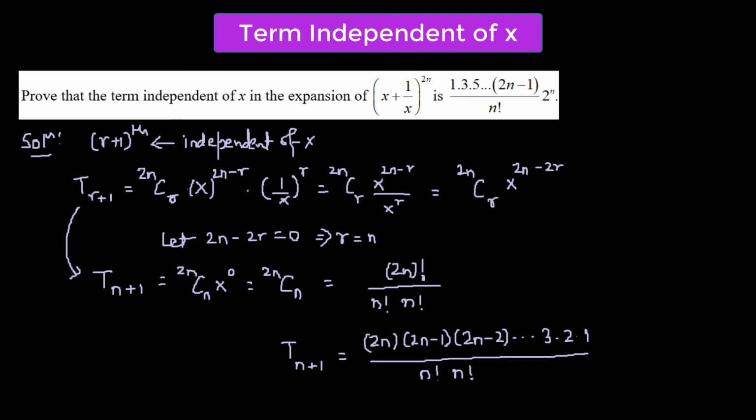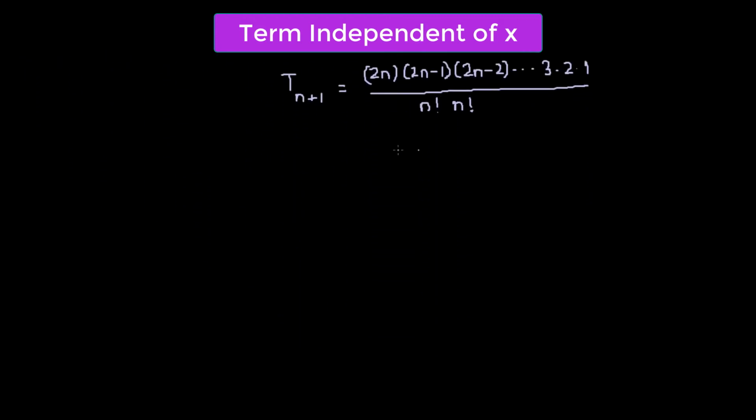And what we have to do now, we're going to write this product in such a way that all the odd terms are together. So that would be 1 times 3 times 5 up to 2n minus 3 times 2n minus 1. So we are separating the odd terms and writing the product together, and then we're going to write the product of the even terms together.